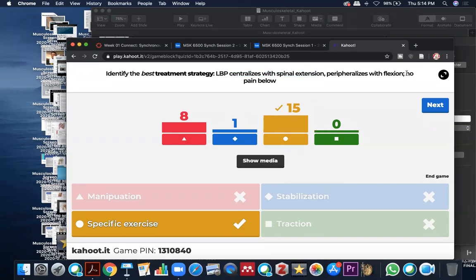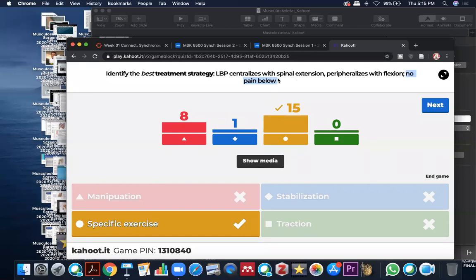Let's see. On this one, there's no pain below the knee, but there still could be pain in the thigh. Remember that when you're talking about peripheralization versus centralization, it doesn't have to go all the way down to the calf. You can have that peripheral pain in the thigh, in the hamstring or quad area.